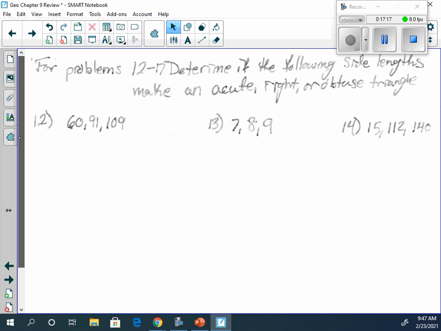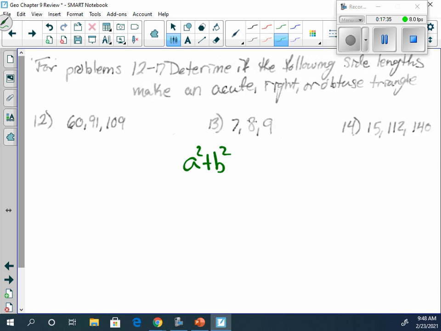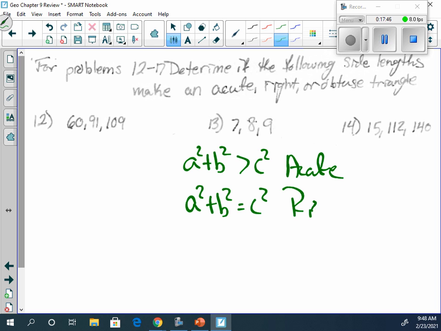All right. Let's look at the next set, 12 through 17. Determine if the following triangles are acute, right, or obtuse. Now again, with these here, we're going back to the Pythagorean theorem. A squared plus b squared is greater than c squared if it is acute. A squared plus b squared equals c squared if it is right.